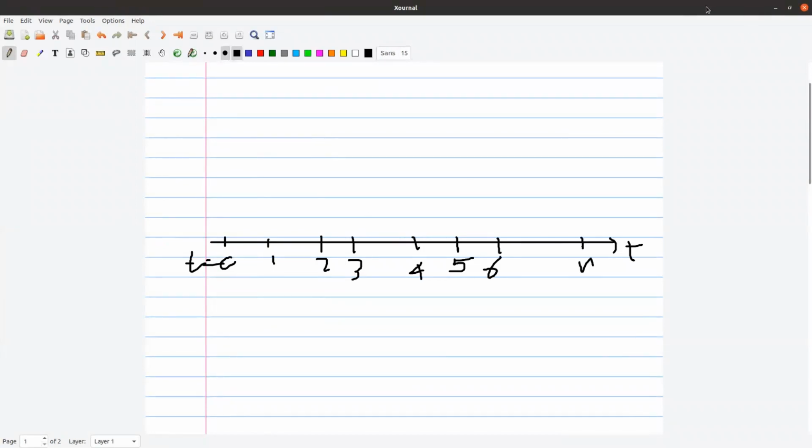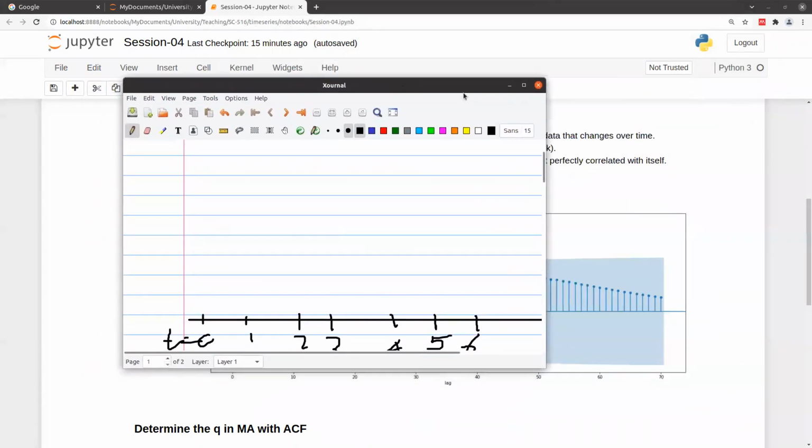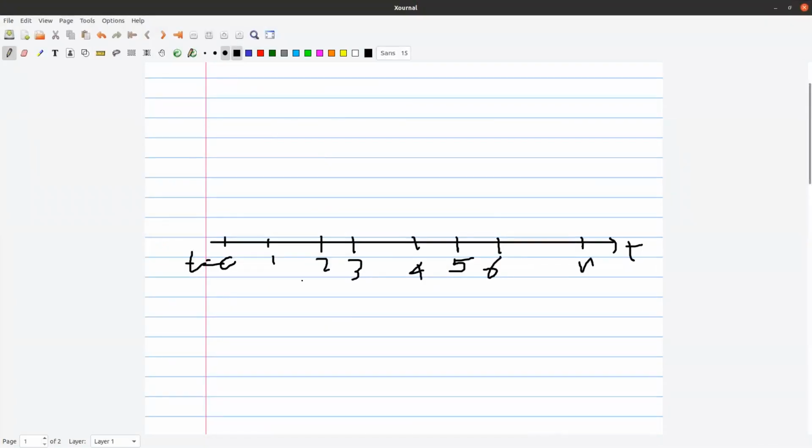It compares the lags. What an autoregressive model does is, suppose you want to predict the sixth point, how many previous points are you going to use, like this difference.